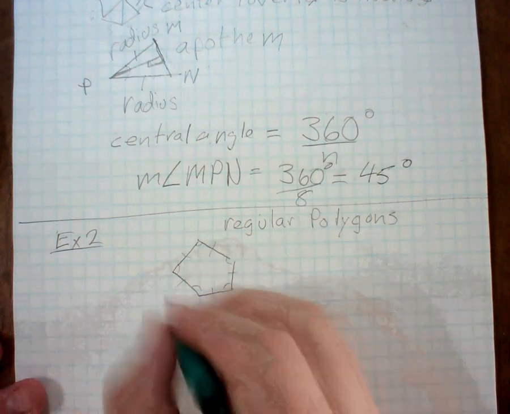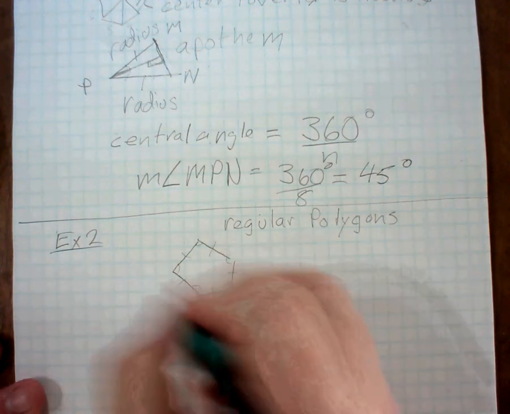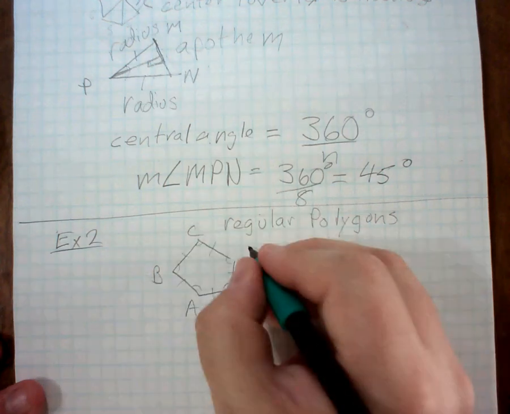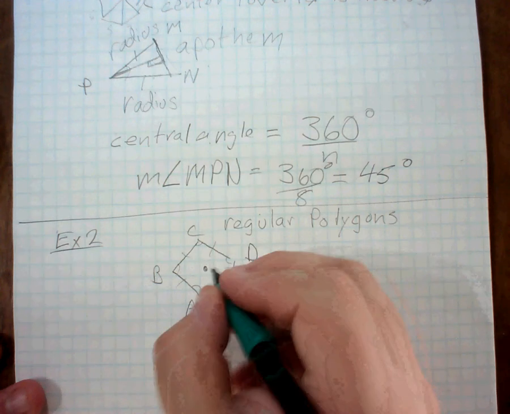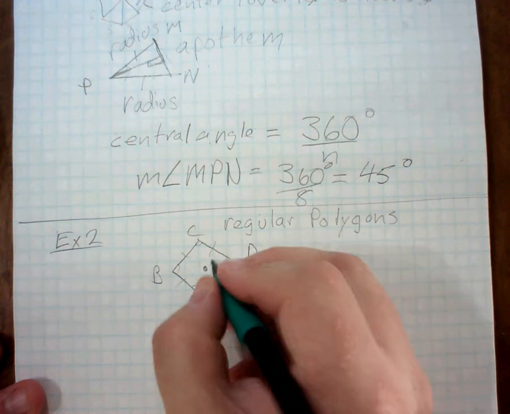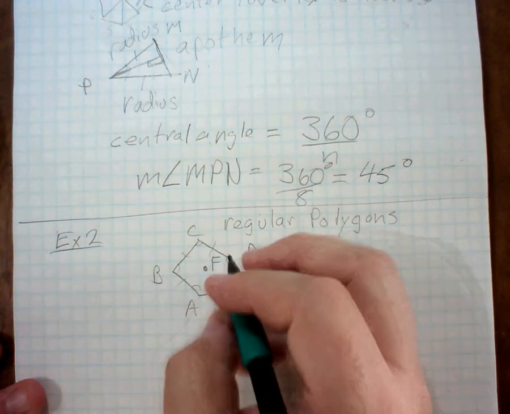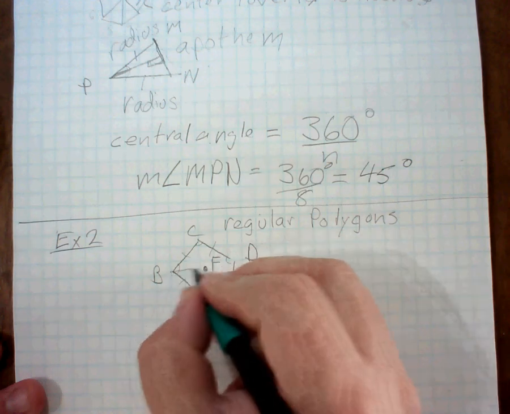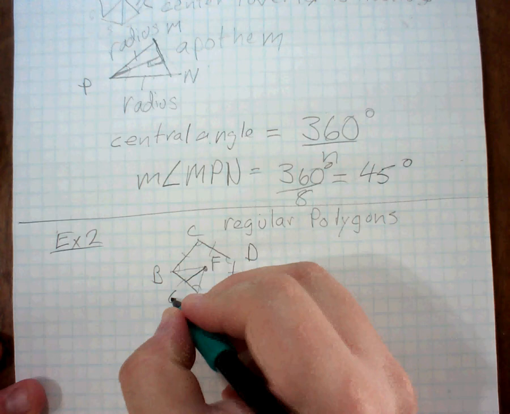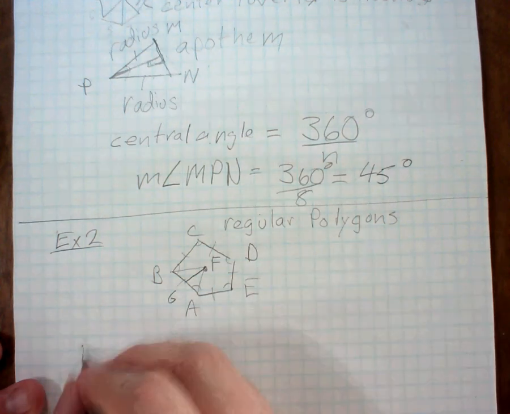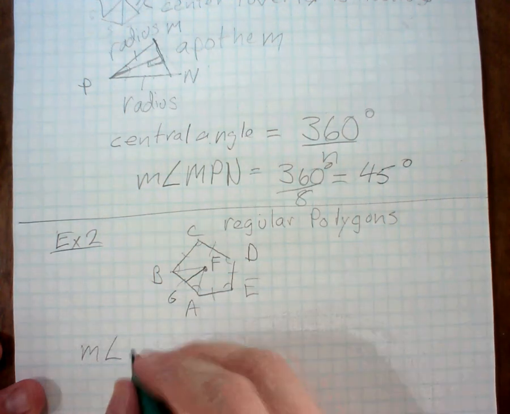So then we'll label this as A, B, C, D, and E. And the center of this polygon is F. And then they have this little thing here where the apothem is G. Okay, so they want to know what's the measure of angle AFB.